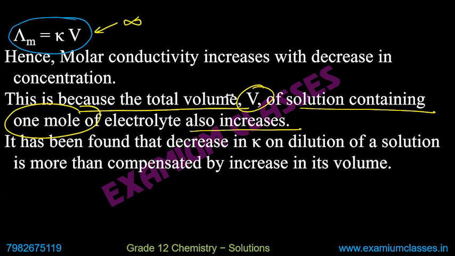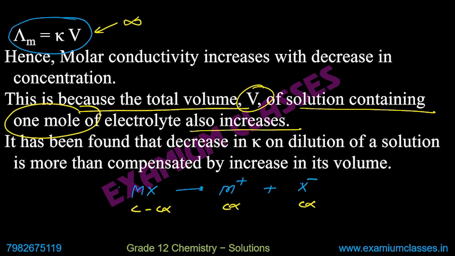I hope it is clear. What I am saying is, suppose you have a certain electrolyte, say MX, and it gets ionized into ions. Initially, if it is C and it gets ionized, C alpha, C alpha will be there.